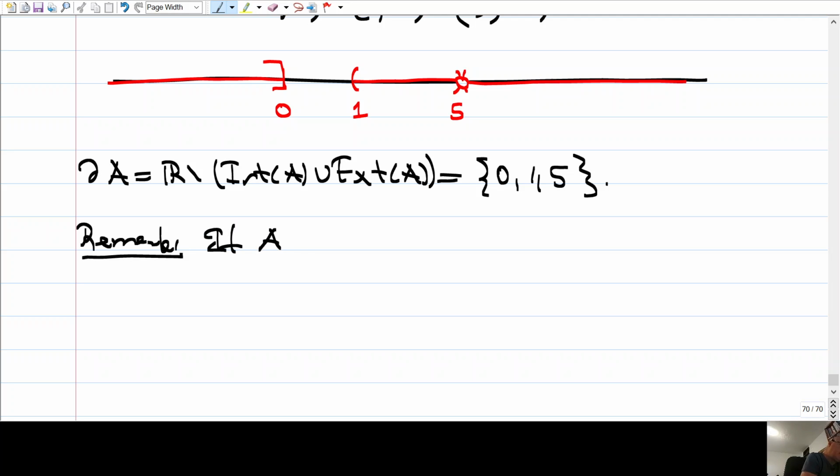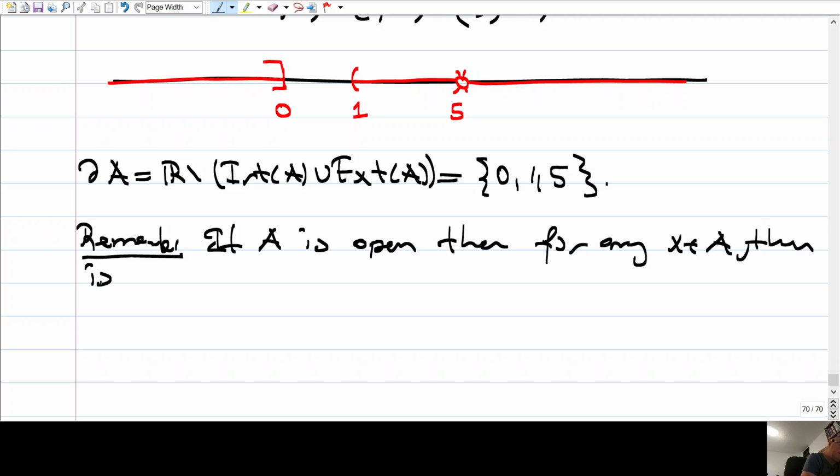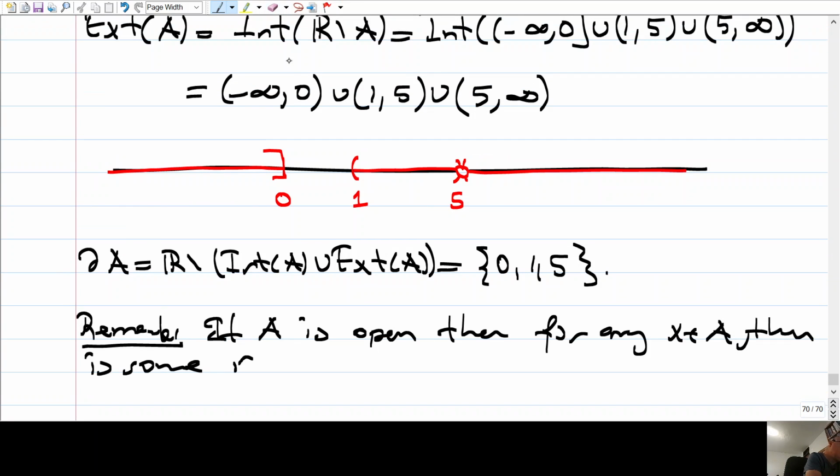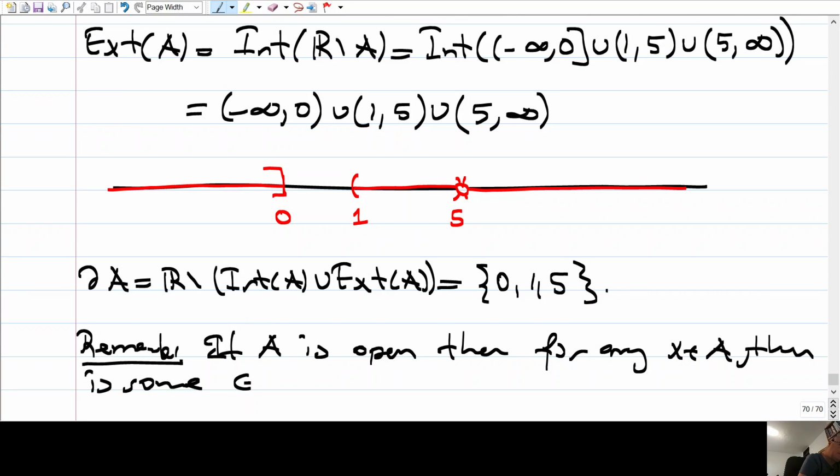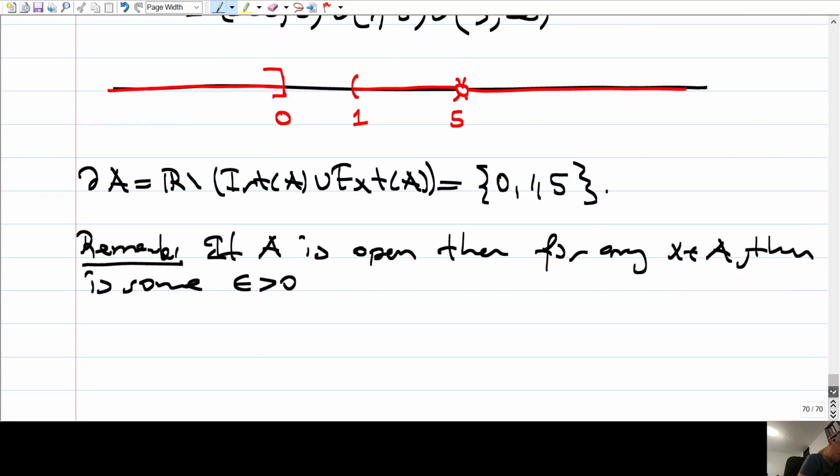If A is open, then for any x in A, there is some epsilon positive, so that this ball B(x, epsilon) lies in A.